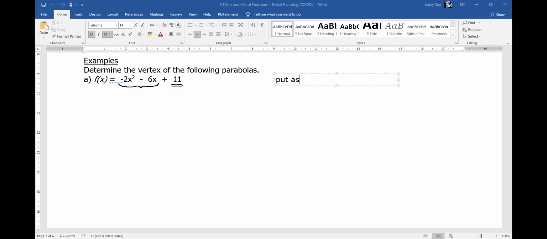So I'll write, put aside the constant. How about I start with a star? Please put aside the constant. And, because you're so good at mental math, while you put aside the constant, I would like you to also common factor the A value on x squared. And this is what it looks like.